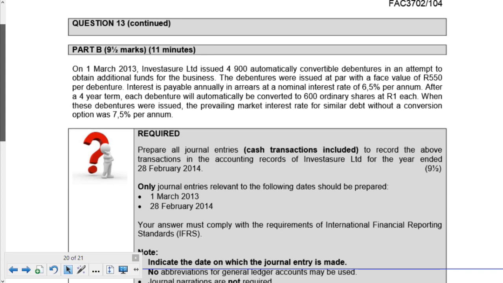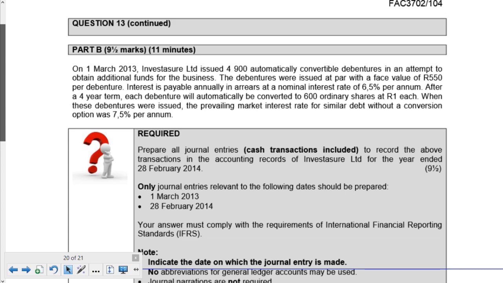One more chance to get it right. This next one is automatically convertible debentures. Investor Sure issued 4,900 automatically convertible debentures with a face value of 550 Rand per debenture. Interest is payable at 6.5% per annum. After 4 years, each debenture will automatically convert into shares. When the debentures were issued, the market rate for similar debt was 7.5%.